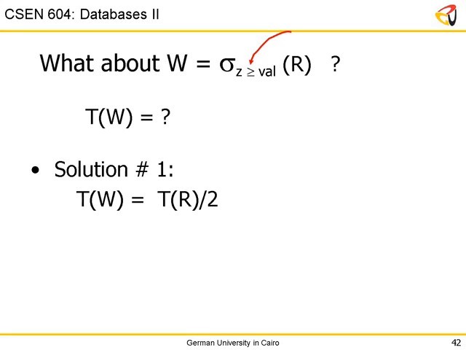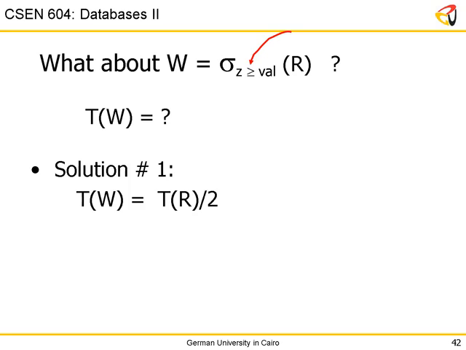Historically, one of the first solutions that was proposed to estimate the size of the result set here is to say that the size of the result set will be half the size of the input relation, half of R, which is what's spelled out here.